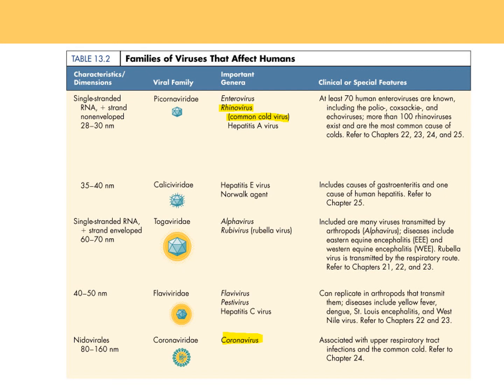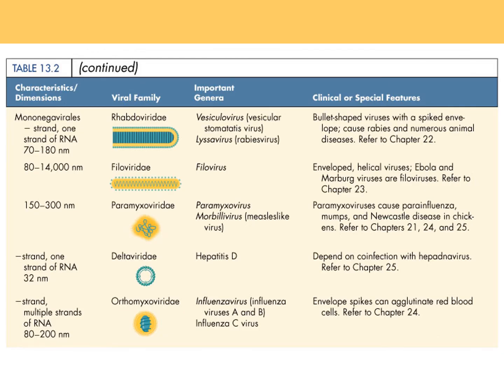All of those are the names of the diseases, not names of the virus species themselves. These are all the genus names, so important genera. We'll talk about that.